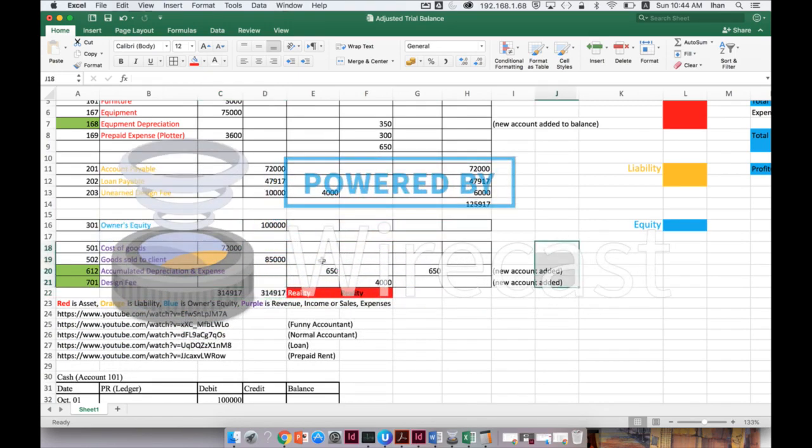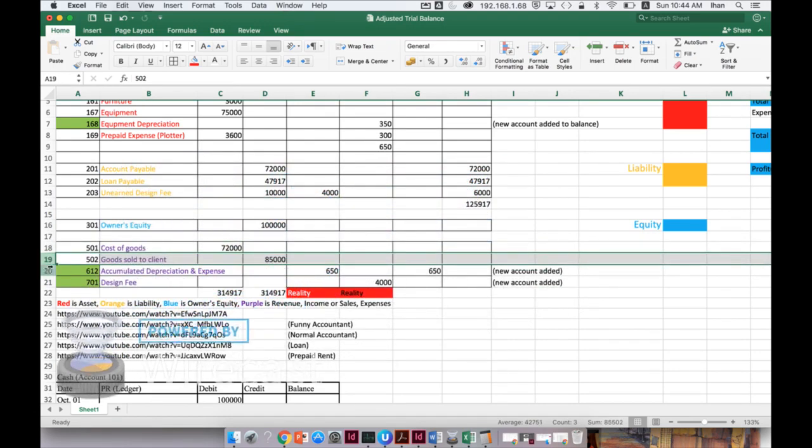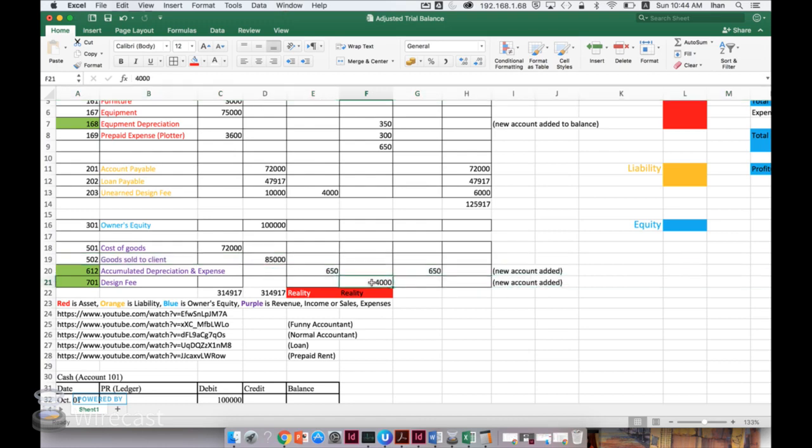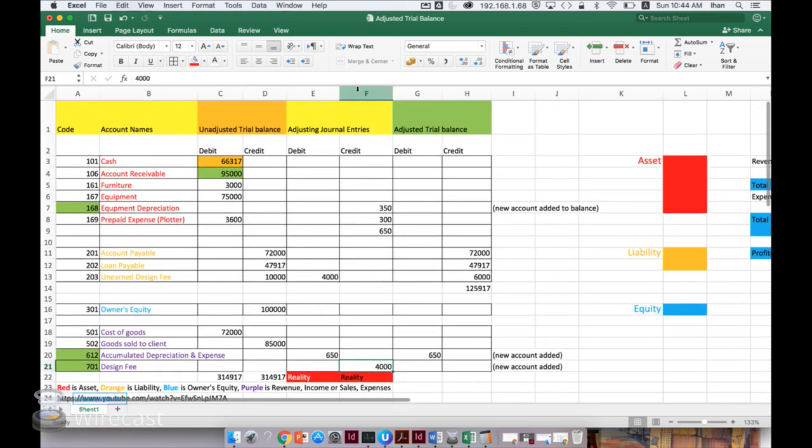All of this, because what happened is the cost of goods, the goods sold to the client, all of this is your money making business. This is your other money making business. You actually made some money, not by sending out an invoice, but by actually doing the work. This is your revenue. Revenue is in the credit.